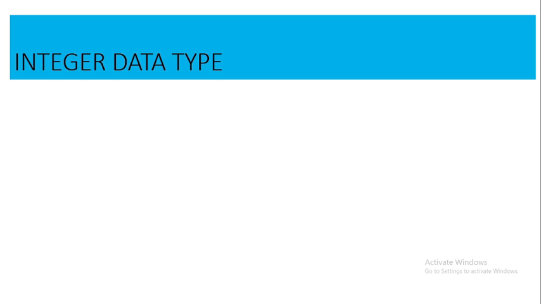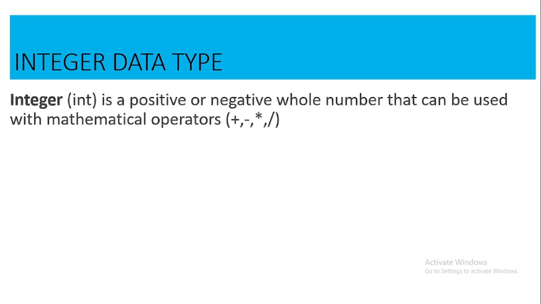Let's look at integer as a data type. Integer, which is also known as int, is a positive or negative whole number that can be used with mathematical operators. In simple terms, we say that numbers that do not have dots within them are known as integers.